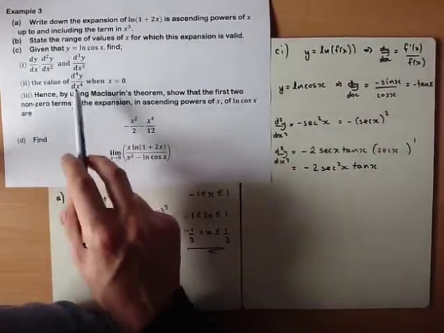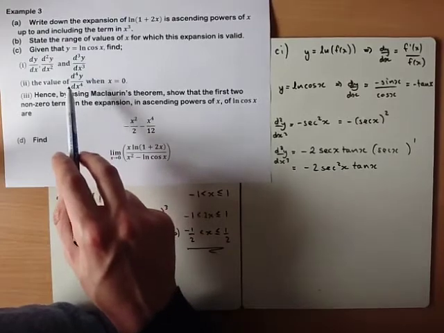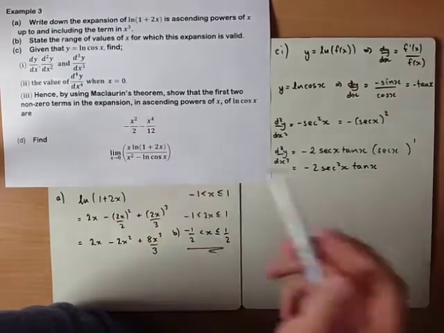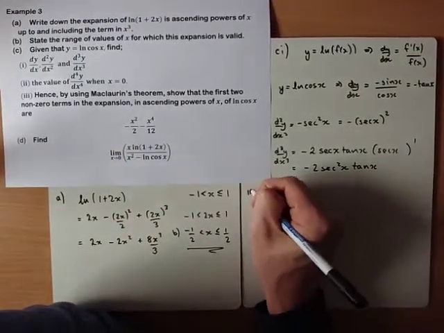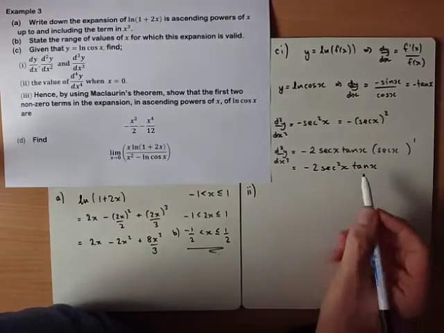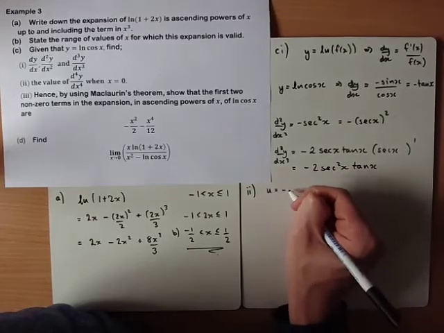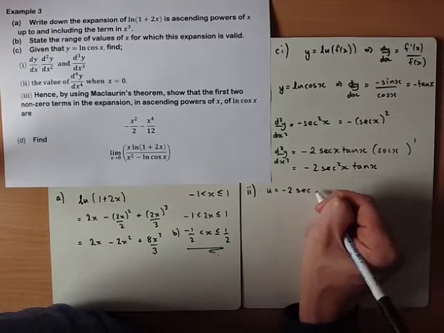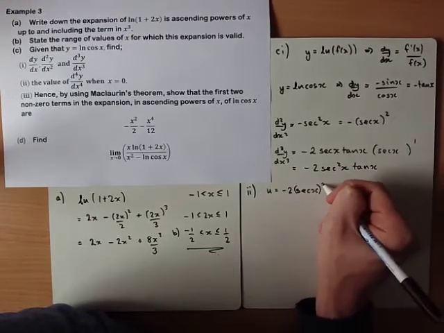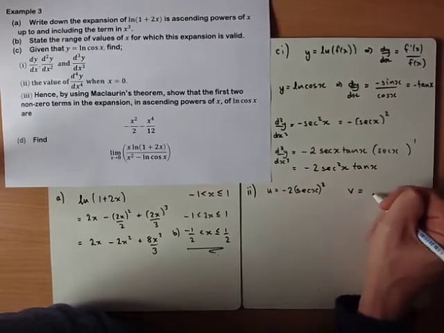It then says find the value of the fourth derivative when x is equal to 0. So we are going to have to differentiate once more, which might get a little bit messy. So if we were going to differentiate this, we could say u is equal to minus 2 sec squared and v is equal to tan.